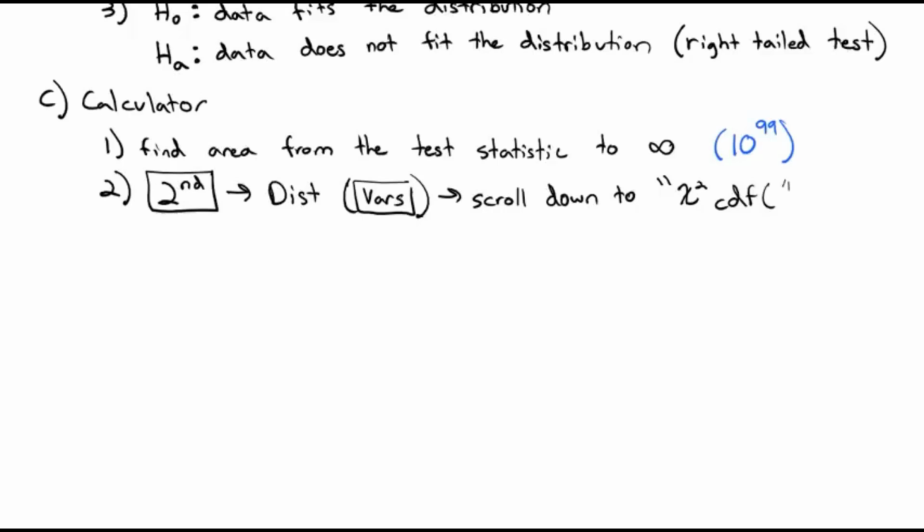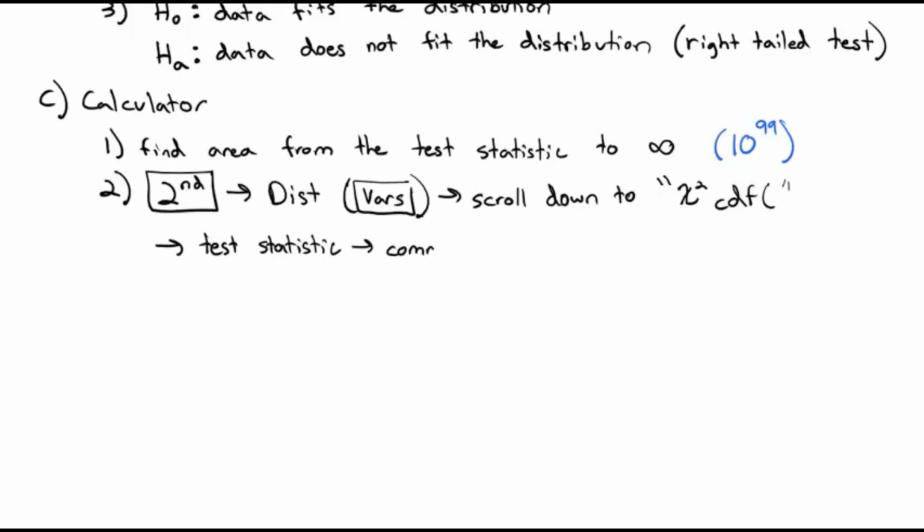Once you've selected the chi-squared CDF, what you'll do is you'll enter the test statistic to represent the minimum value we're finding the area of.